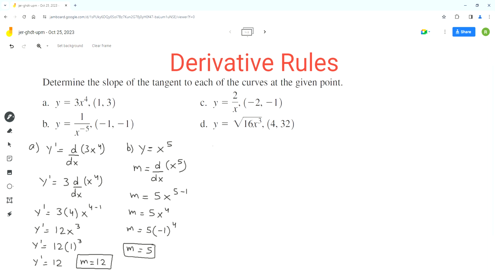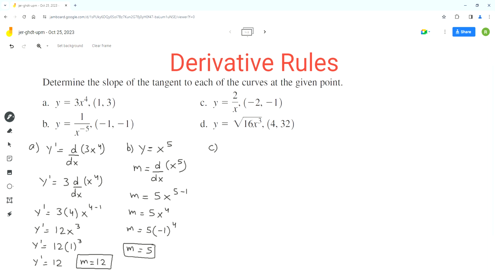So now we can analyze part C. So in part C we are given a rational function. So the x term is in the denominator. Now in order to find the derivative of this function, we'll have to move this x term to the numerator of this fraction.